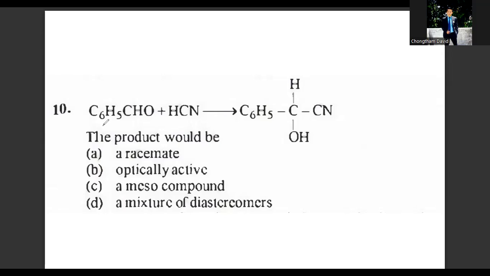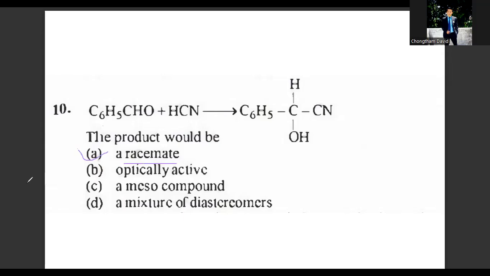Okay, so therefore a 50-50 mixture, racemic mixture, you can call it enantiomers, will be obtained. So question number 10, answer will be A. Racemate, or you can say 50-50 mixture of enantiomer product, that is racemization takes place, racemic mixture is obtained.